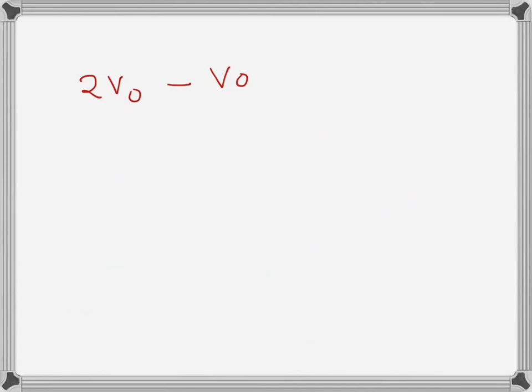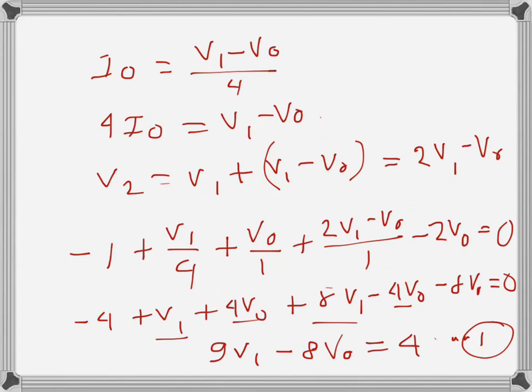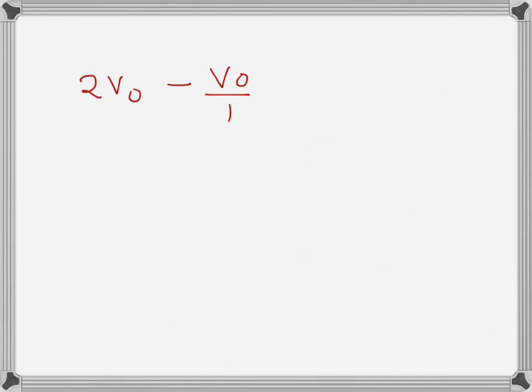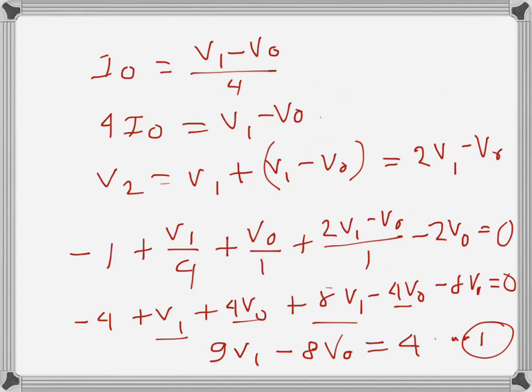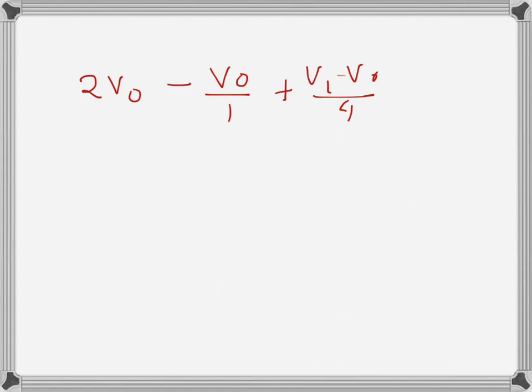So minus V0 over 1, and then this current, I0, will be V3 over 4, but we know I0 is V1 minus V0 over 4, so plus V1 minus V0 over 4, because that's I0, we have done it here. And then finally this current will be V1 minus V0, which is V3, minus 10 over 2, this is 10 volts, so V1 minus V0 minus 10 over 2.